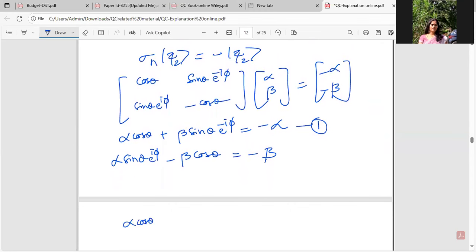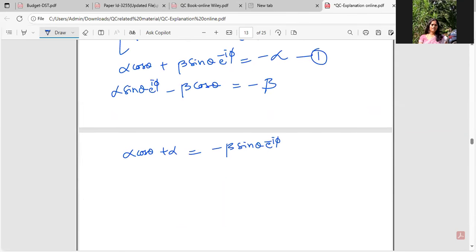Alpha cos theta plus alpha is equal to minus beta sine theta e power minus i phi. Okay. Now, alpha into 1 plus cos theta. The same technique which I used for finding the previous eigenvectors, I'm sorry.